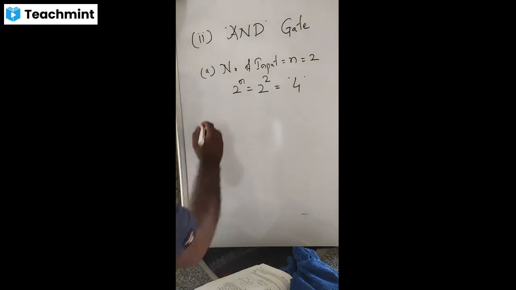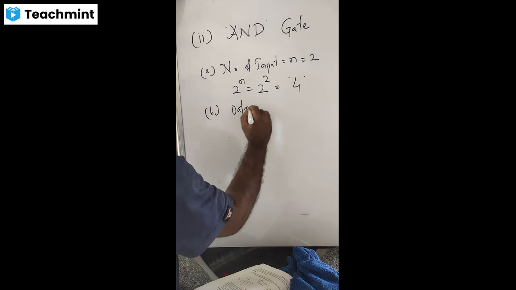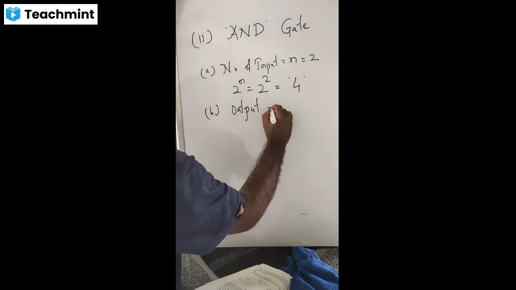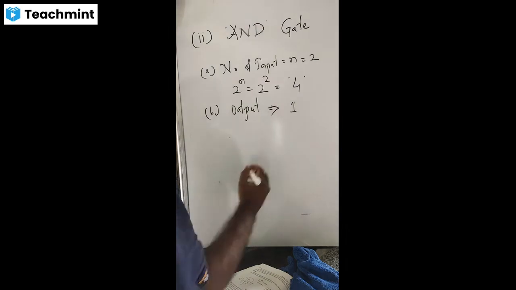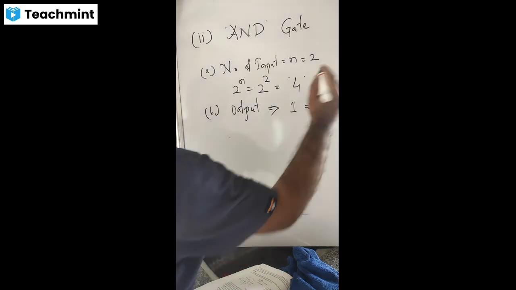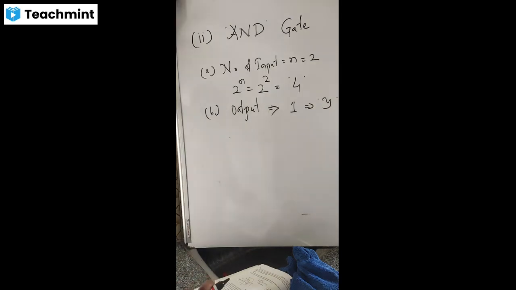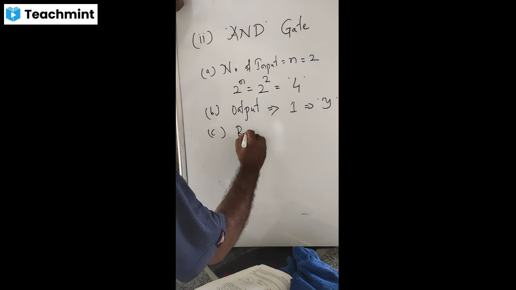Then output will be only 1. That is represented by symbol Y. Then Boolean expression representing AND gate.